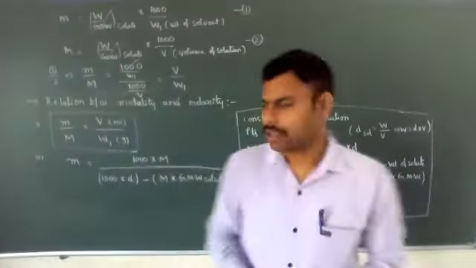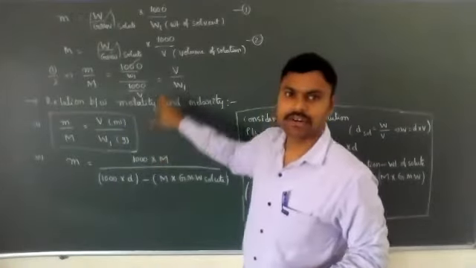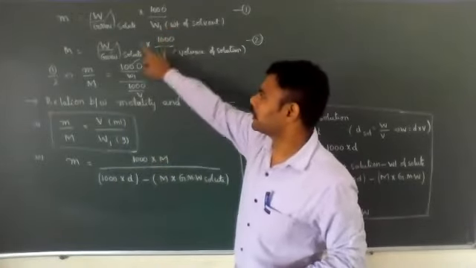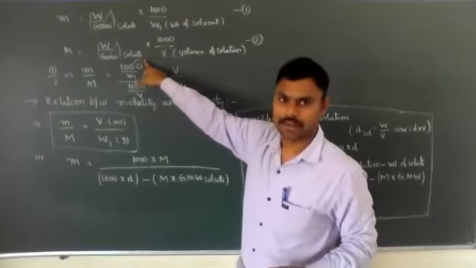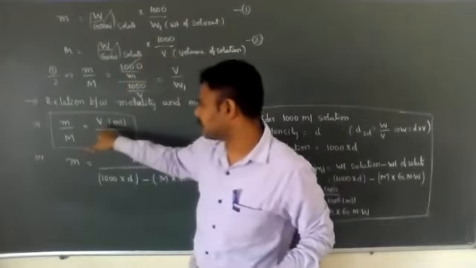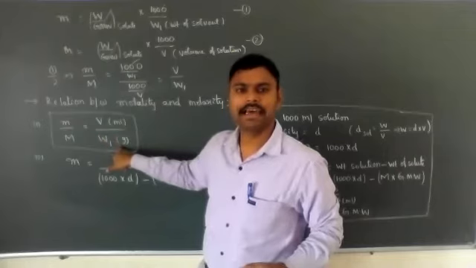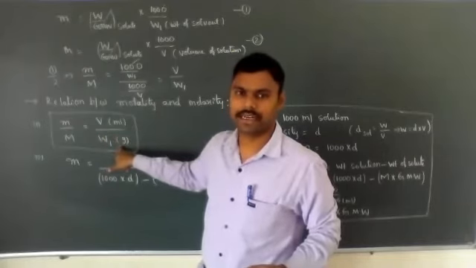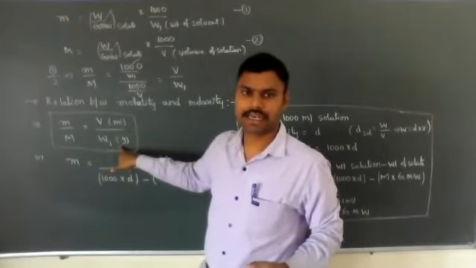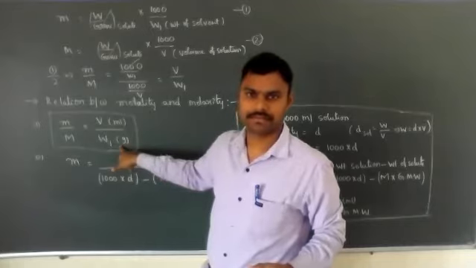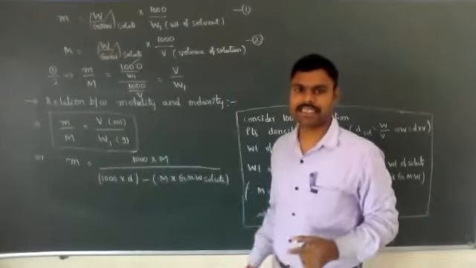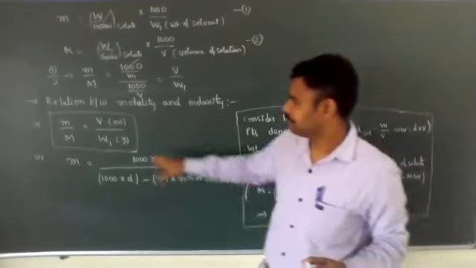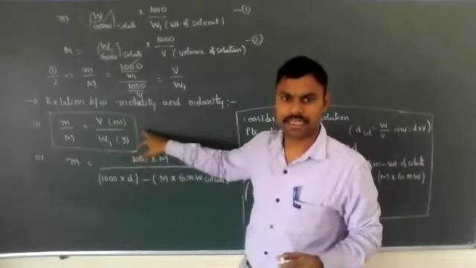Understood? The first relation, the general formula of molality and molarity: molality by molarity is nothing but volume of solution by weight of solvent. Clear? Nishchal, is it clear?